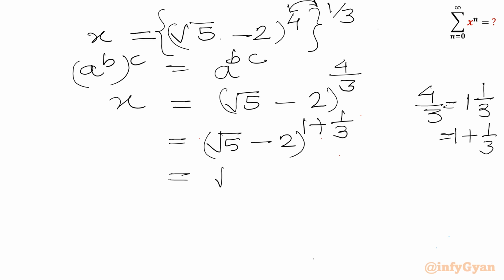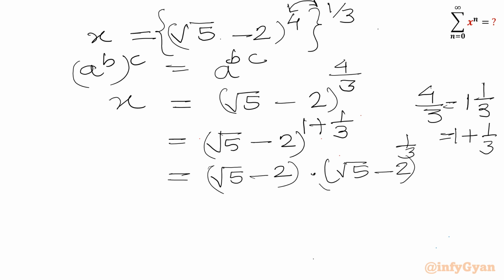Using the exponent property, I can write it as (√5 − 2) times (√5 − 2)^(1/3). So I need to calculate this cube root first. Let me call this a.